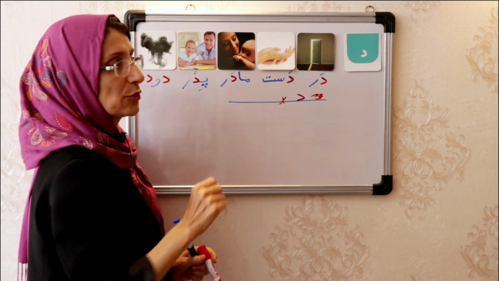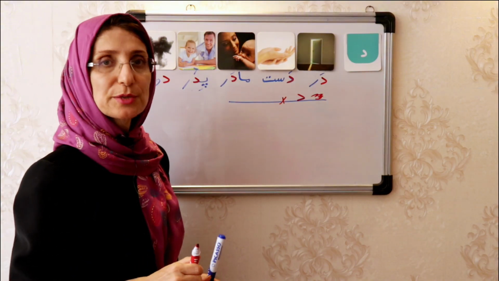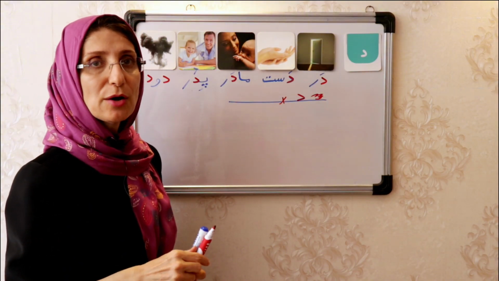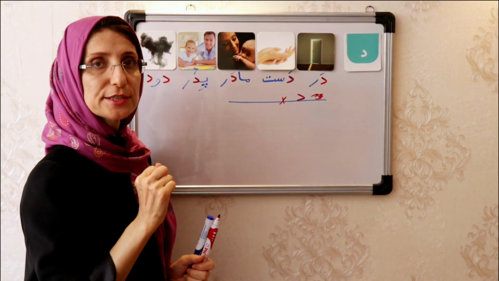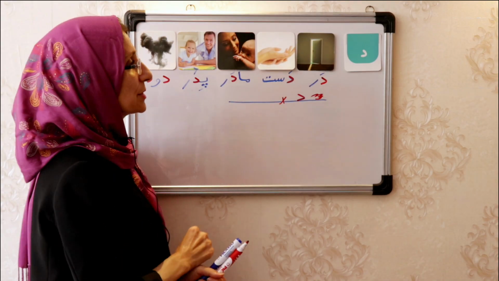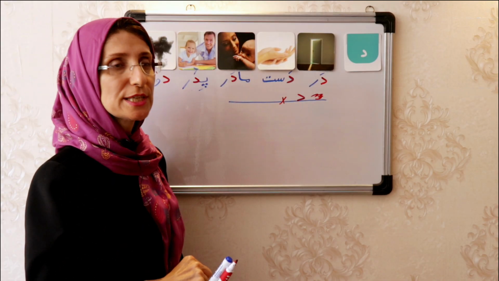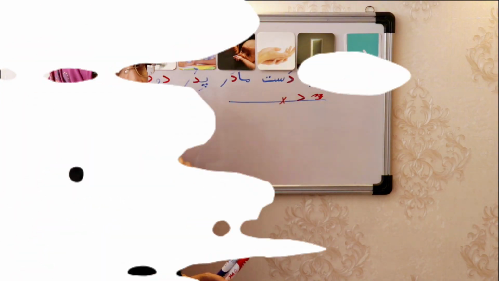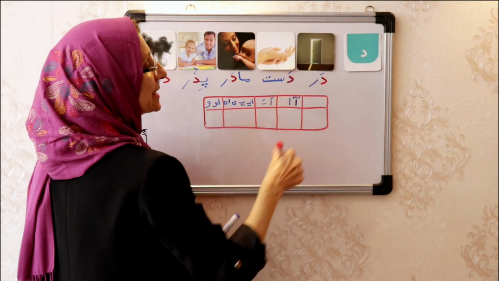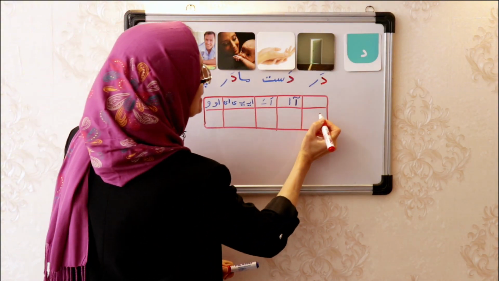Now let's go to our friendship table to see how we connect the D to other sound or our vowel sound and see what word we can write with the D sound. Today we learned the sound, the D.